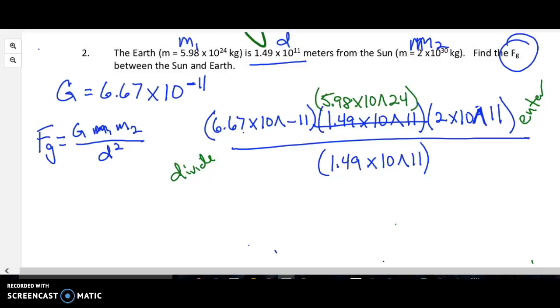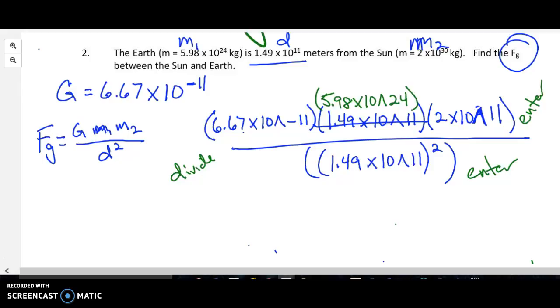Thank you for that. The last thing I would do, after I'm done, don't forget to square. So I would square this and put that in a bracket so I don't mess up. After I do that, I'm going to hit enter for the last time, and that is going to give me my answer. So I would just plug it in the calculator just the way you see it here.